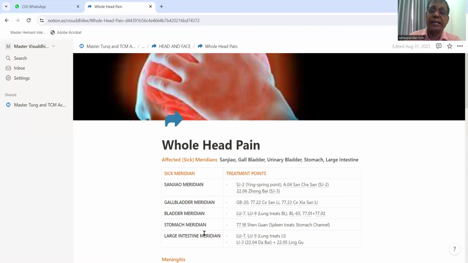And if the stomach meridian is affected, 77.18. And if the large intestine meridian is affected, LU7, LU9, LI3, and 22.05 Lingu.